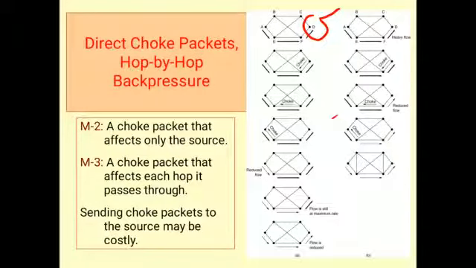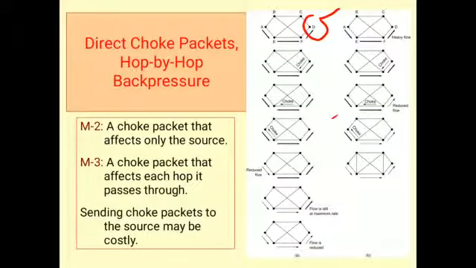Here D is the source address and the destination address is A, the source node. So the choke packet travels through all the intermediate nodes until it is received at the source node.